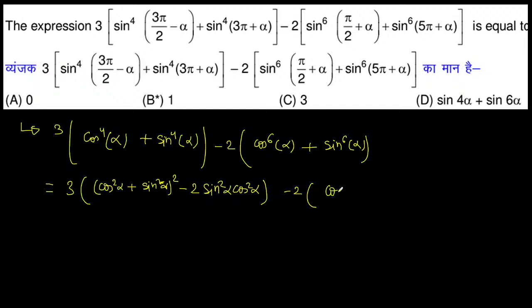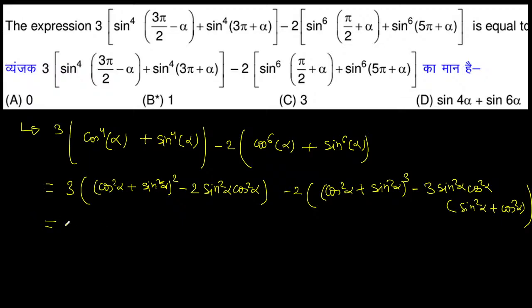This is cos square alpha plus sine square alpha whole power 3, a plus b whole cube. So we will have to make it minus 3ab into a plus b. So this is 3, cos square plus sine square is 1, minus 2 sine square alpha cos square alpha. This is minus 2.